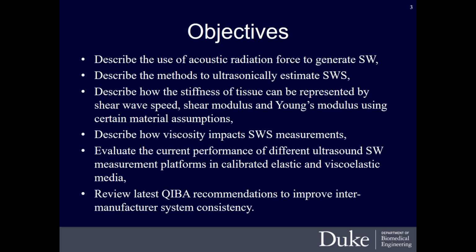Really discuss some of the early generation assumptions that have been made in shear wave speed measurements and how those are being refined to more accurately capture all of the properties of actual tissue, and then look at some of the latest efforts that are being tackled to try to standardize these measurements, both in terms of the protocol for clinical execution and to standardize some of the consistency between different manufacturer-based systems.